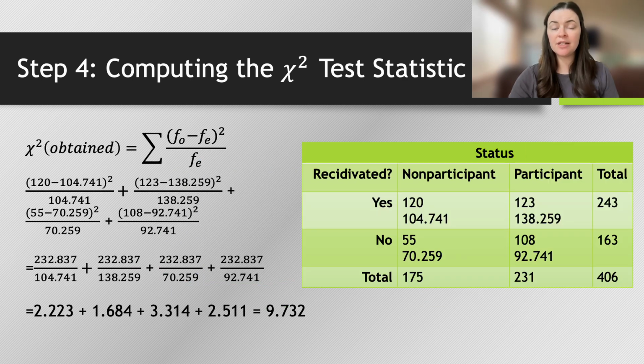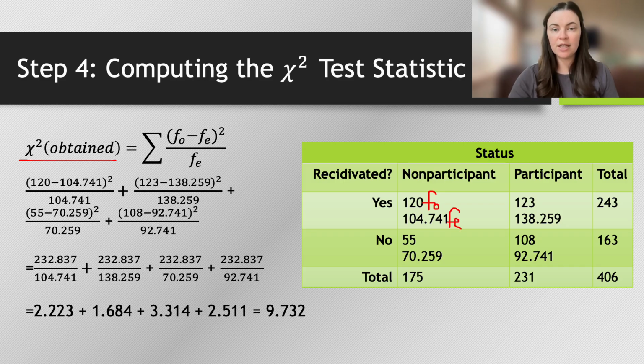So using our expected frequencies from the previous slide, we now have enough information to determine our chi-square obtained value, which serves as our test statistic in our chi-squared test. Taking a look at our bivariate table on the right-hand side here, our observed frequencies are on the top value and our expected frequencies are right below.